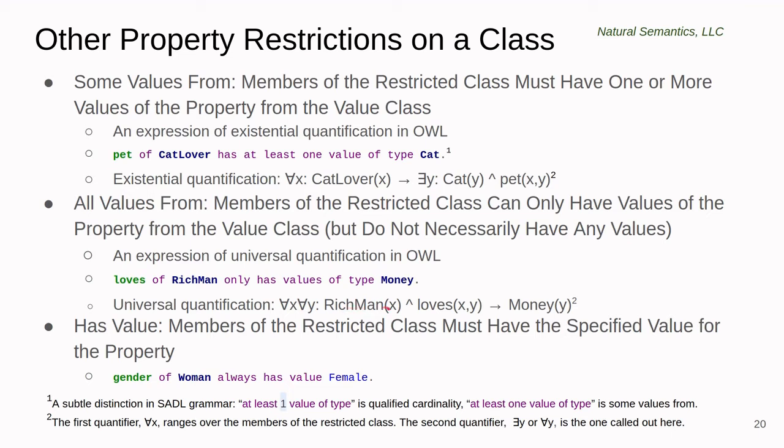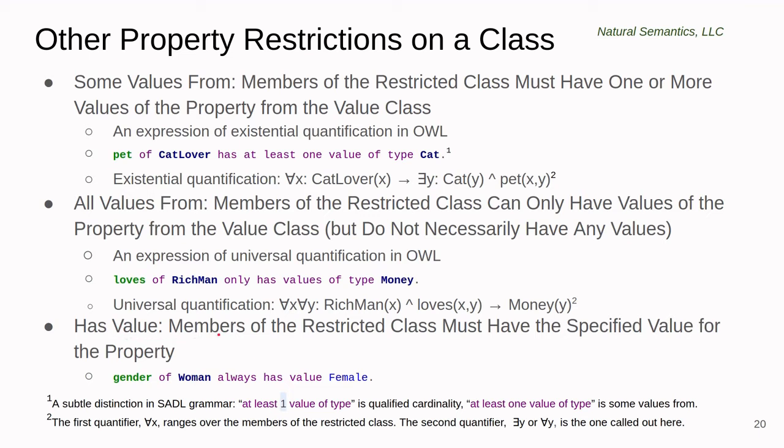So for all x a member of rich man, if x loves y, then y must be money. And so the quantification that we're talking about here is the quantification over y in this expression. Universal quantification in OWL.